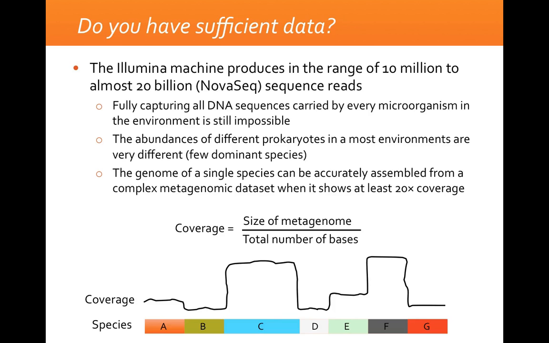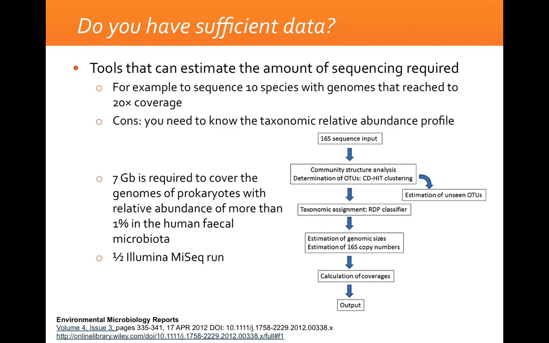Studies have been done to see how much you actually need to sequence in order to cover complete genomes of certain species. In this figure at the bottom here, I'm trying to illustrate that some species, in this case C and F, are present in large amounts in this sample of 7 different species, while others, B and D, are present in very low amounts.